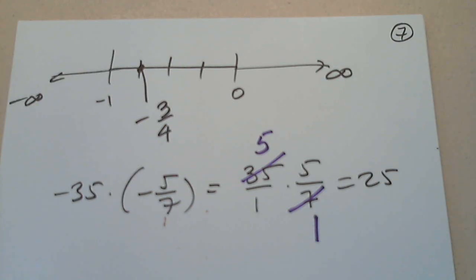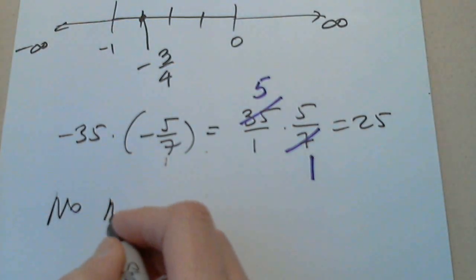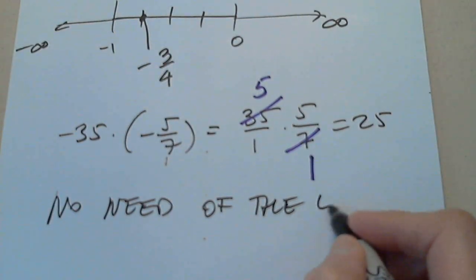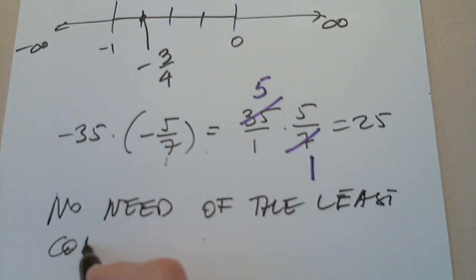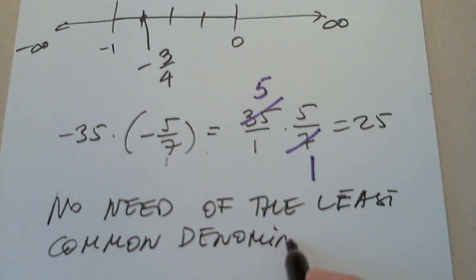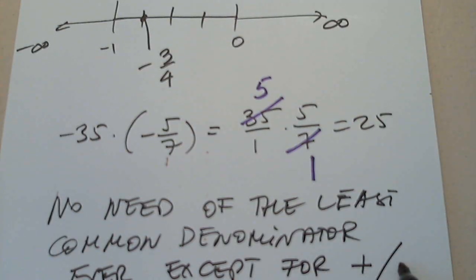We do not need the least common denominator when we multiply or divide. No need of the least common denominator ever, except for addition and subtraction.